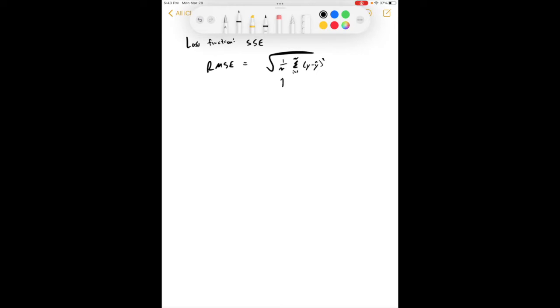Now when we minimize this, like we saw before, the square root goes away, the mean goes away, and we end up with just the sum of squared errors. That's the sum i equals 1 to n of the squared errors.